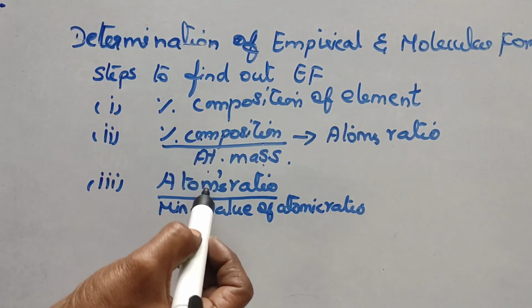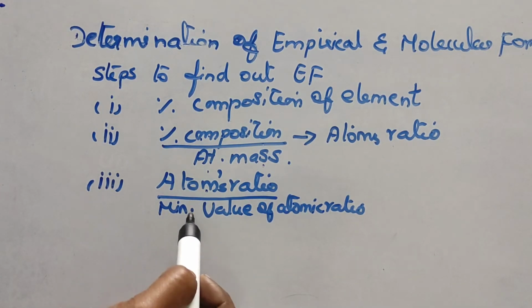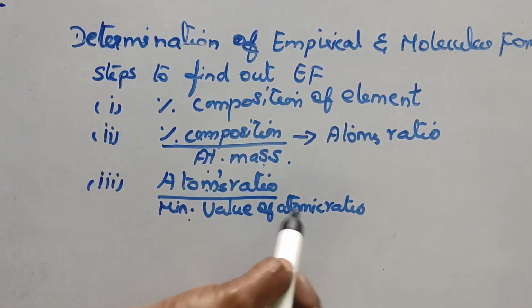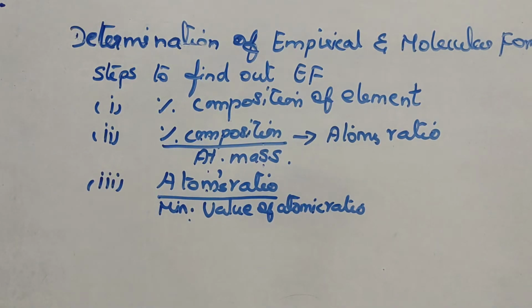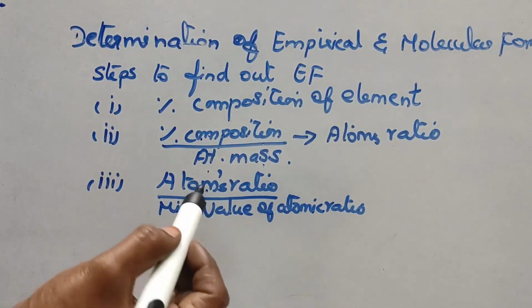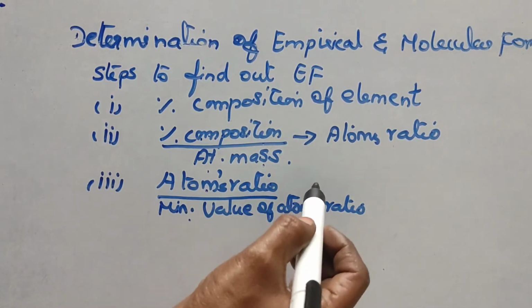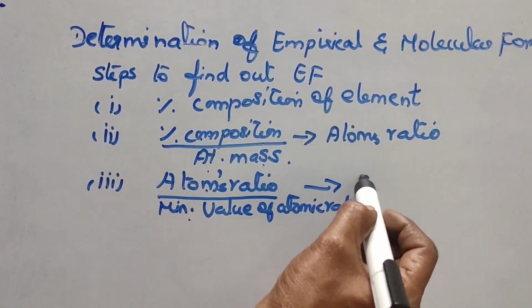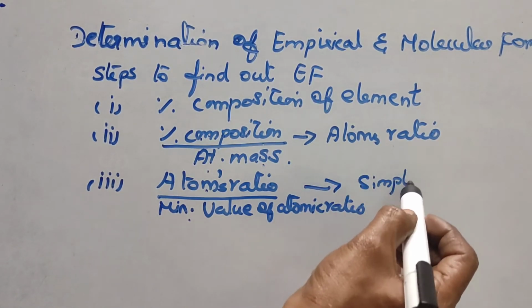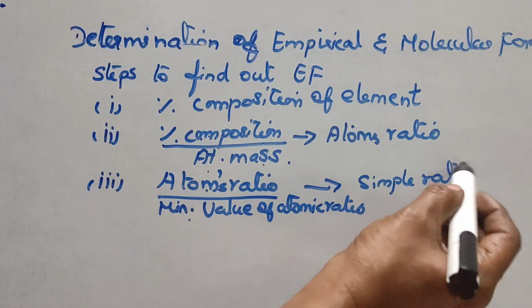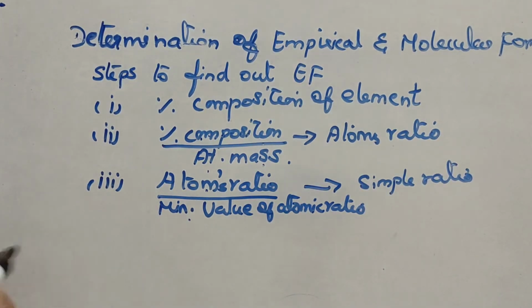Then that atoms ratio is divided by the minimum value of atomic ratio. Among the two or three atoms ratios we would have found out, whichever is the minimum value, if we divide by that, we will be getting the simple ratio.